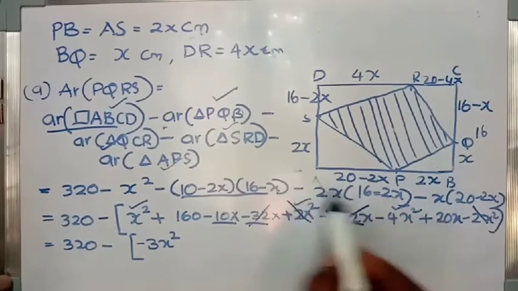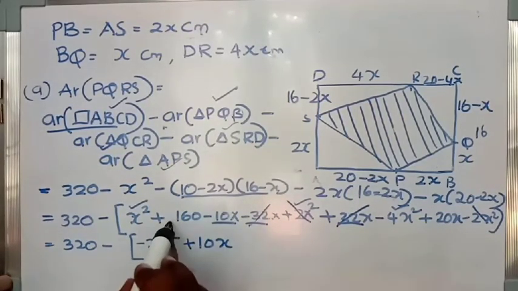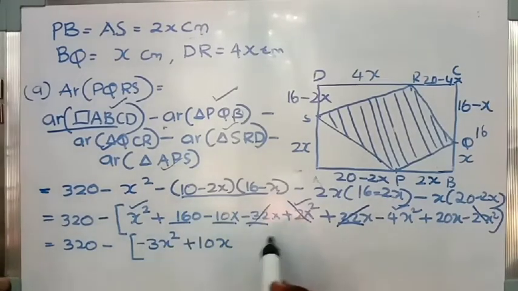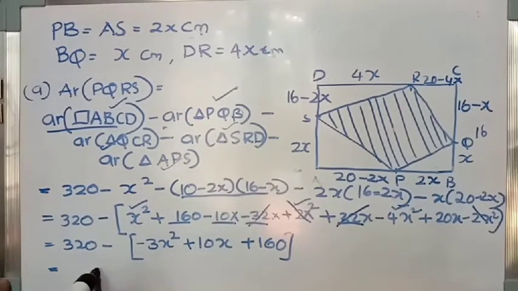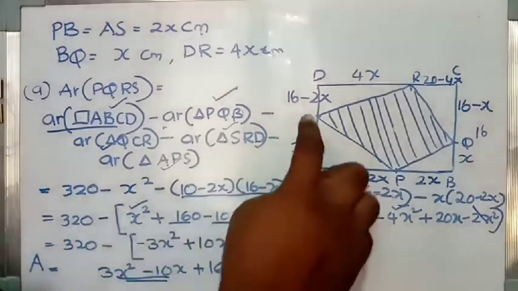Remaining we have 20x minus 10x as 10x, and 160. So when you simplify, we get 3x squared minus 10x plus 160. That is the area of PQRS.